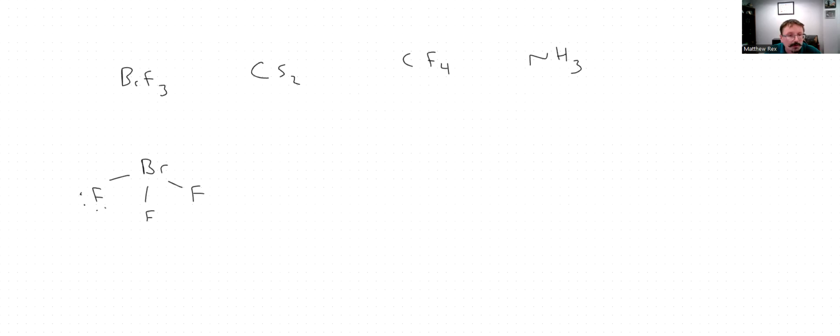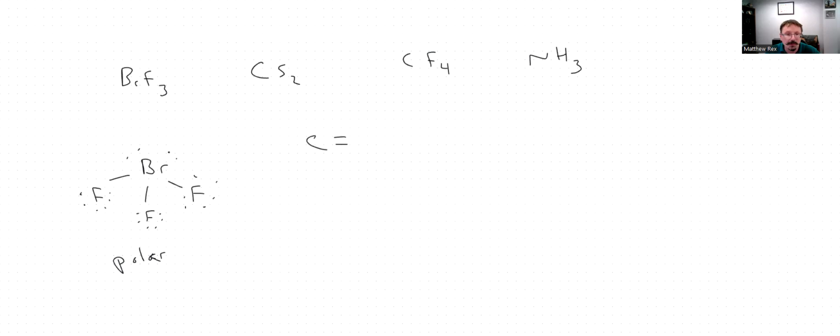We should have 1, 2, let's see, 18, 22, 24. We need 28, so we're going to have 2 lone pairs on that bromine. It's going to push those fluorines down. The fluorines are more electronegative than the bromine, and because of its shape, it's going to have an overall polarity in one direction.